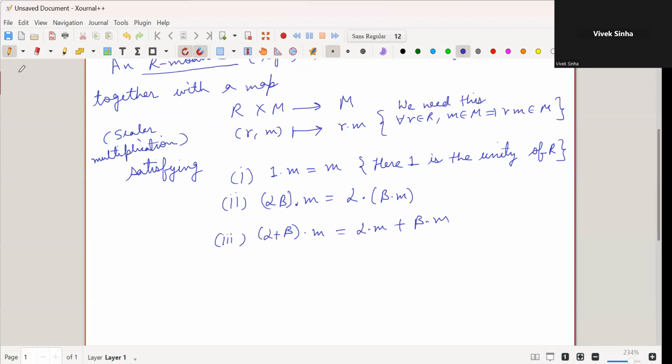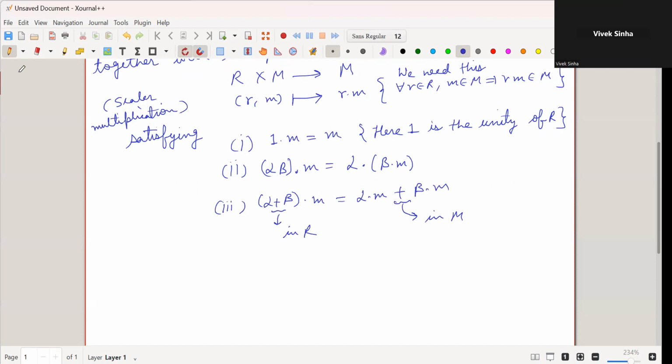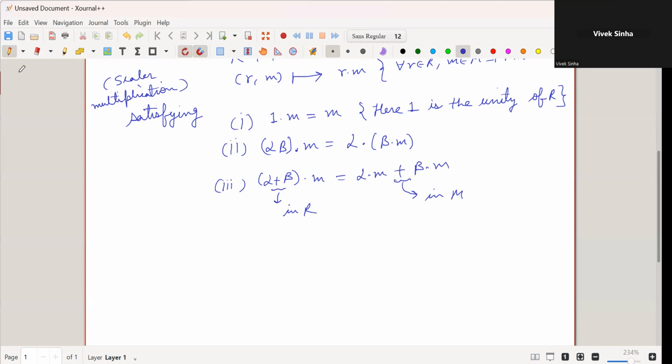This operation is happening in M, and this addition is happening in R. So addition of scalars multiplied with an element of M should be distributive in nature, and the second kind of distributivity we can have is with the addition operation of the module itself.